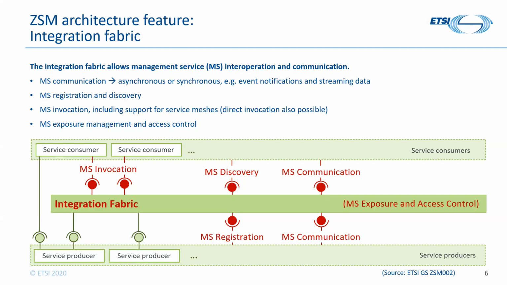The integration fabric can support either a synchronous or asynchronous pattern, such as the RESTful request-response-notify pattern, or streaming data, which is the publish-subscribe pattern. ZSM supports direct invocation between management services without going through the integration fabric. For example, for a case where the solution is provided by the same vendor or product, where direct invocation internally within a product is more efficient.